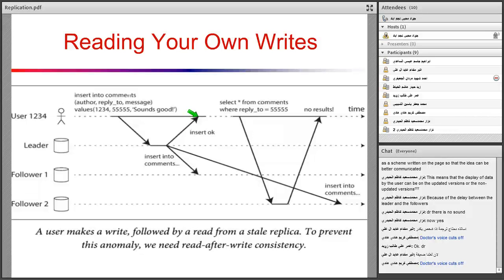So this query is sent from user 1234 to one follower. This is the select query: select star from comments where reply to 55555.